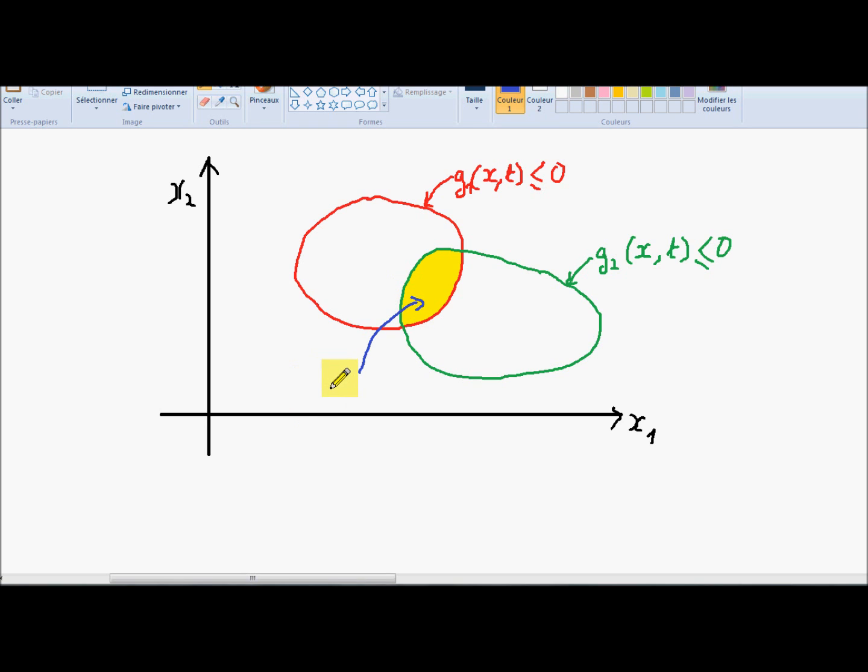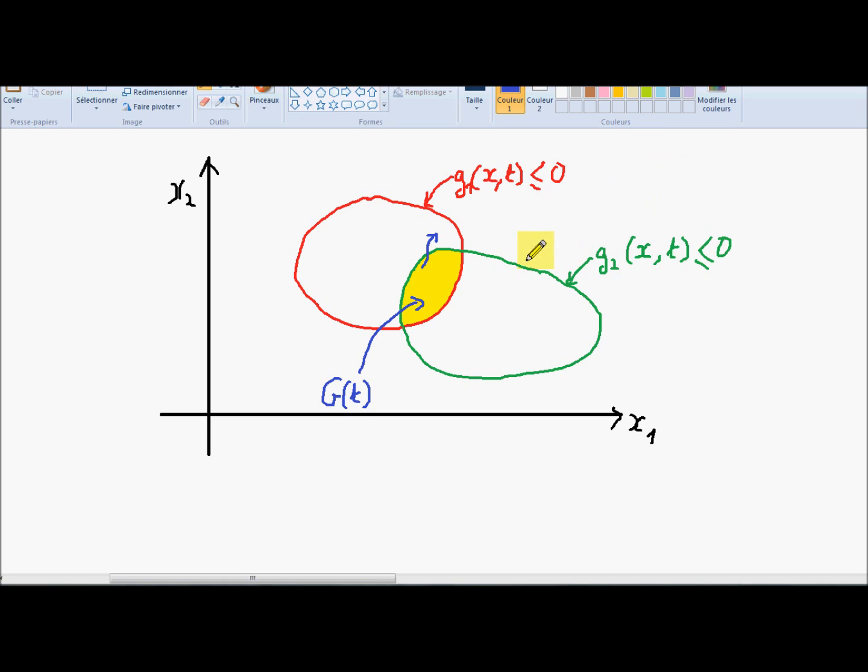So J is a tube. If my state is inside, I want to prove that I will always stay inside. So what I want to find is whether it is possible, from a trajectory at one time t, to go out like this. Is it possible for me to satisfy the cross-out condition?